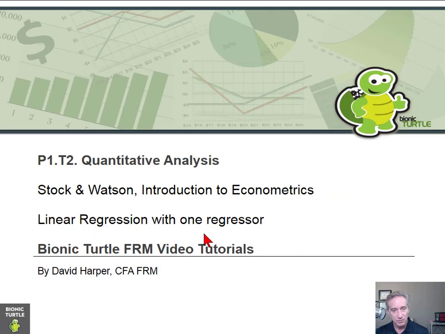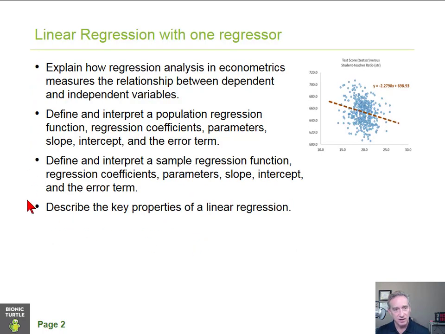And we'll see that the set of learning objectives includes explain how regression analysis and econometrics measures the relationship between dependent and independent variables. And then we have some terminologies and their relationships, including population as opposed to sample, otherwise similar, and then key properties of the linear regression.